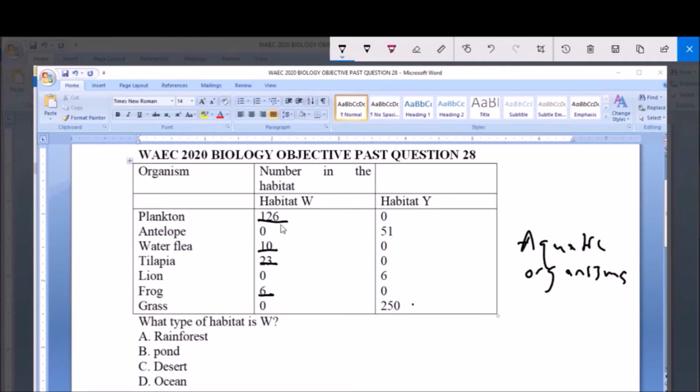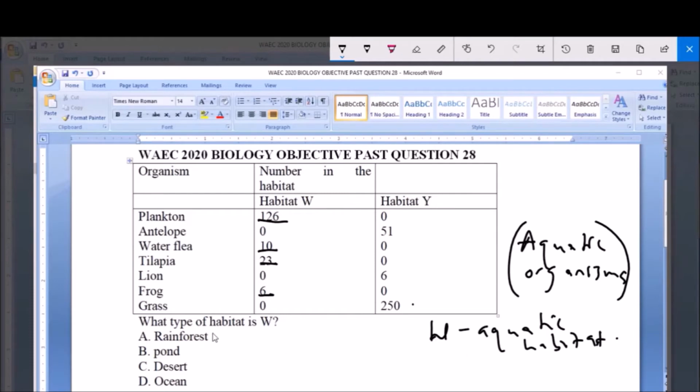Planktons are found in water, water fleas around water, tilapia in water, and frogs around water, as they are amphibians. So if they are all aquatic organisms, then the habitat W is an aquatic habitat, and all we have to do is to look for the most probable habitat amongst the options.